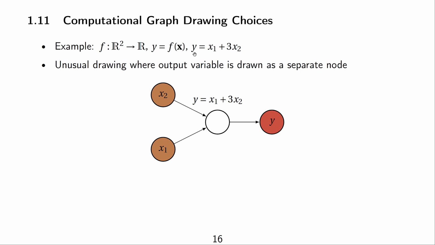And now we can draw this as a computational graph where we have these input nodes x1 and x2. Then we have this node that represents the actual computation, y equals x1 plus 3 times x2. And then here we have another node for the output value. This might be a fairly unusual way to draw this. There is some asymmetry in how neural networks are usually drawn.